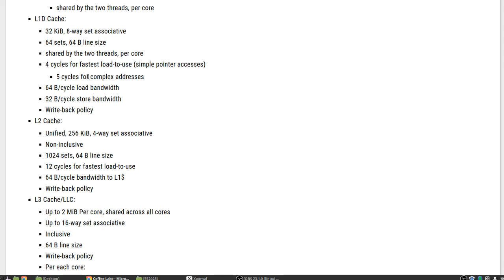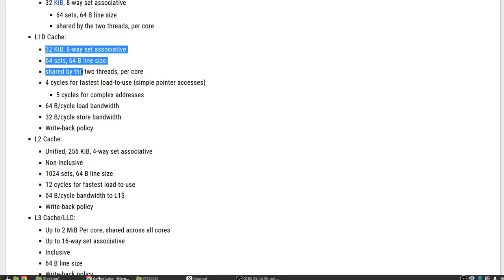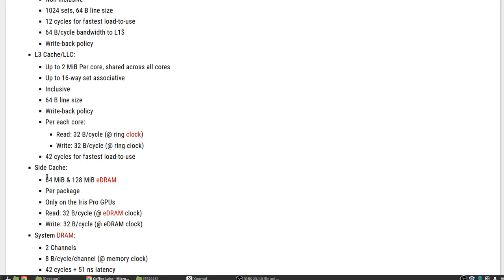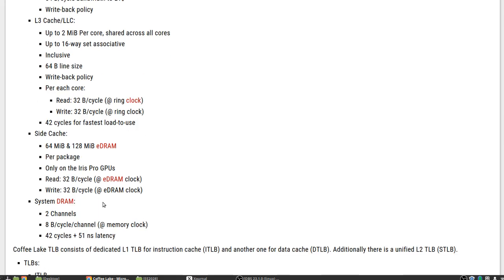Okay, so that's the idea of multi-threading. So here the lower level caches are private to each core but accessible to both the threads within the core. Then there is the L4 cache, also called a side cache, which is either 64 MB or 128 MB, which is available only on certain higher end versions which have Iris Pro GPUs, like Core i7 versions.